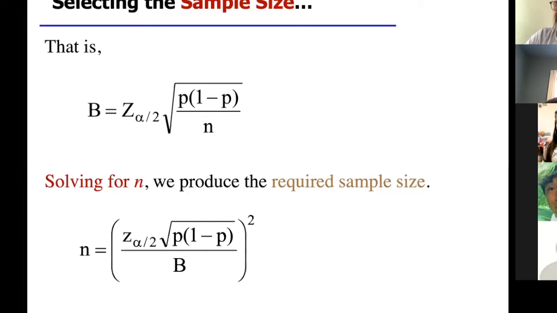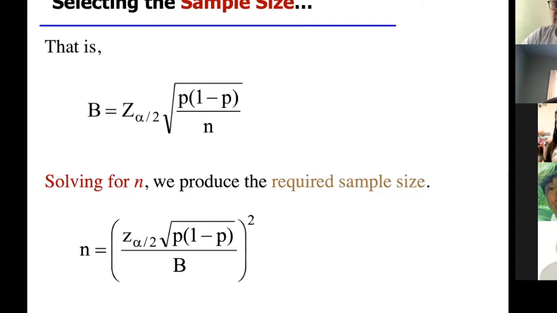If that's the case, then we choose the value for P so that it gives me the worst case scenario, essentially the scenario at which I would need the largest possible sample size.